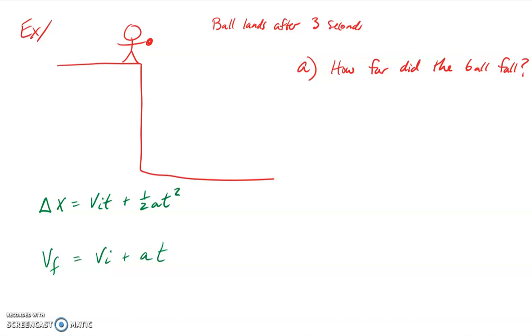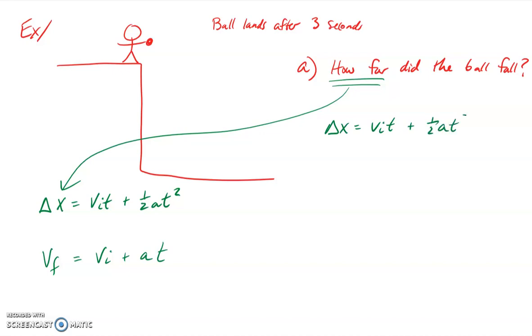Looking at part A, if we're asked how far, that means we automatically use our equation that has delta x in it, because delta x tells us how far it falls, or how far it moves. So delta x equals VI times T plus 1/2 times A times T squared. Since you are just dropping the ball, it has an initial velocity of 0 times 3 for a time, plus 1/2.